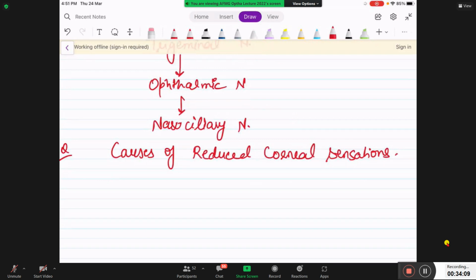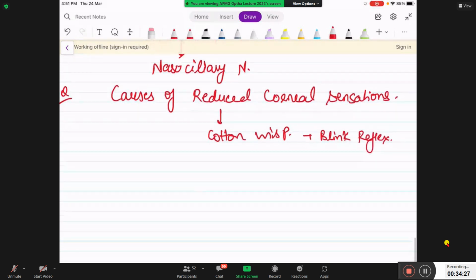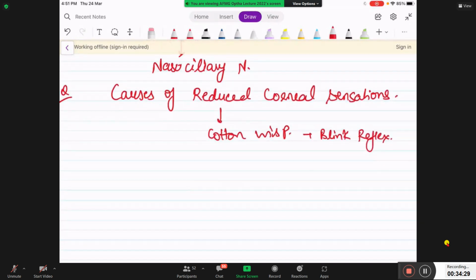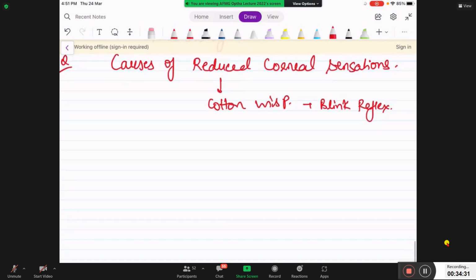With the help of a cotton wisp. We touch the tip of the cotton on the cornea and we check the blink reflex, right?